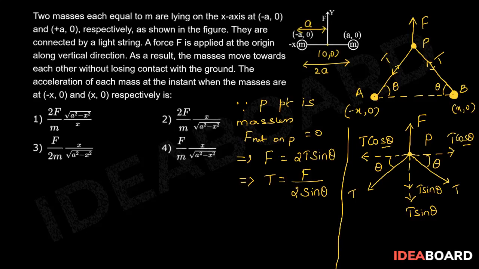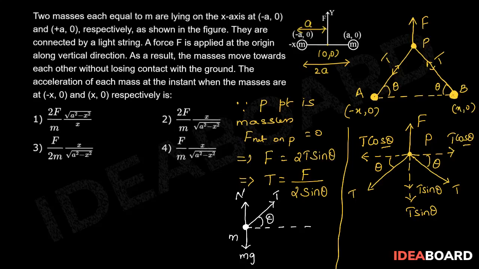Now let us draw a free body diagram on small m. Its weight mg acts vertically downwards. The normal reaction force acts vertically upwards, and tension T acts in such a way that it makes angle theta with the horizontal.